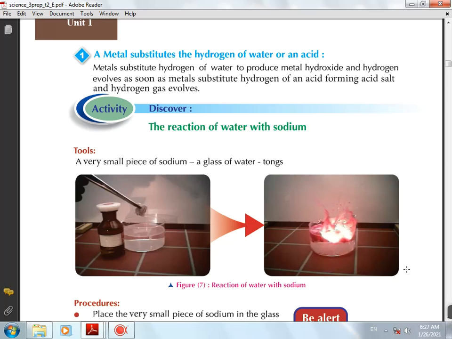Examples in simple substitution reaction: metals substitute the hydrogen of water or an acid. Metal can substitute hydrogen of water to produce metal hydroxide. Chemical reaction between the metal and water, like the reaction of sodium and water, okay, forming metal hydroxide, and hydrogen gas is evolved.